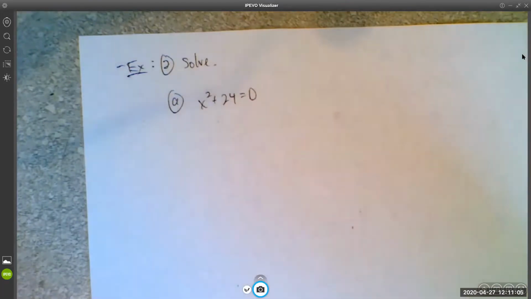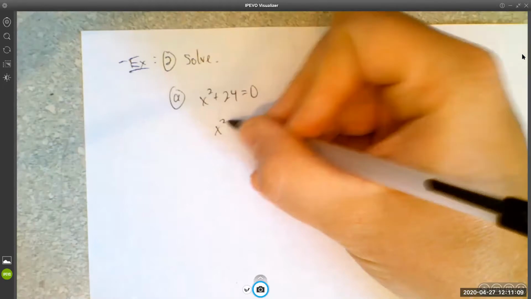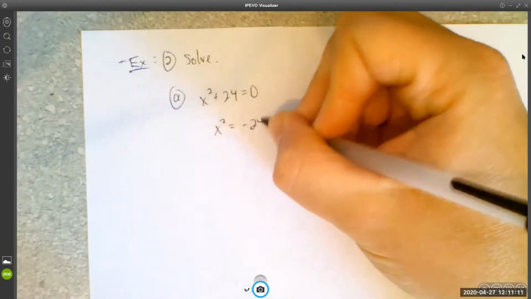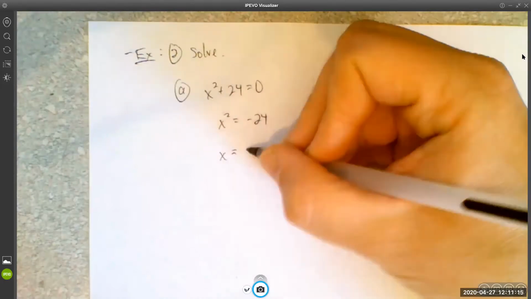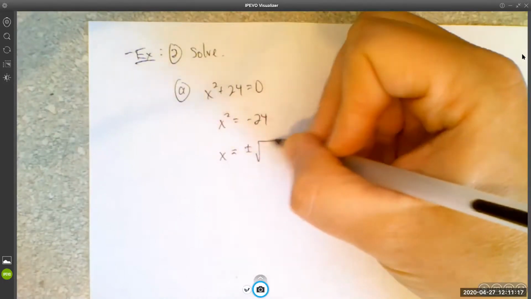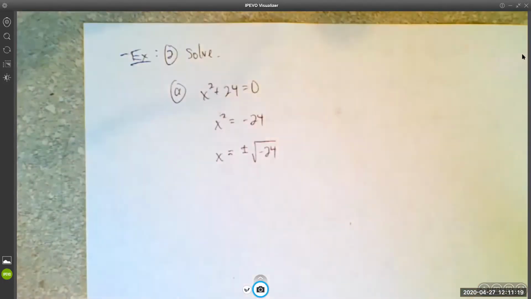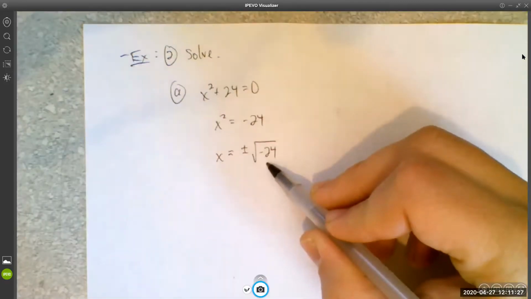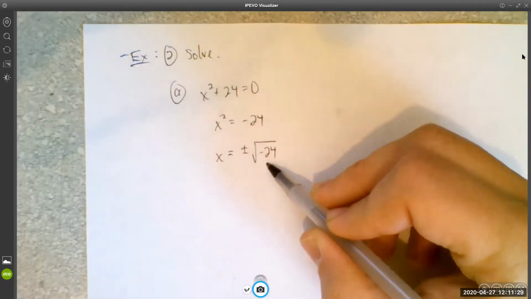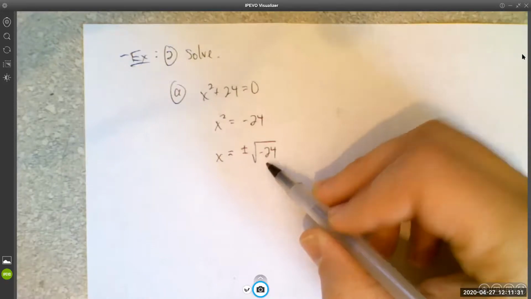Okay, here's my solution. I'm going to start off by moving 24 over to the other side. And then I'll take the square root. Don't forget, when you take the square root, you need to have a plus or minus sign on there. Okay, well, pretty clear. You've got an imaginary number on your hands here, right?